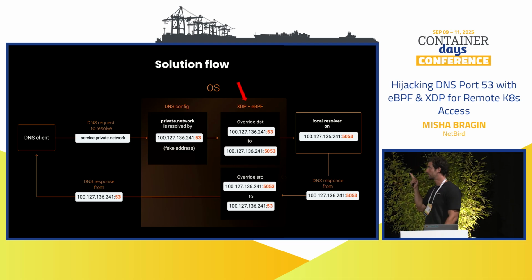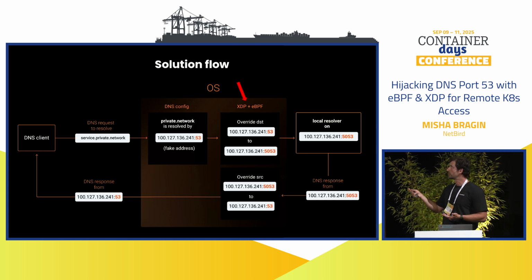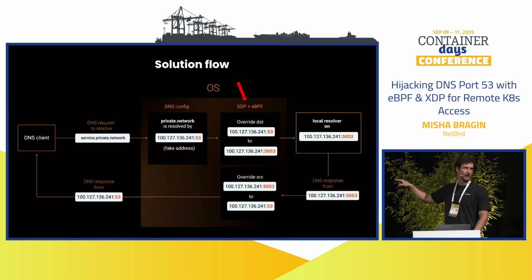So the local resolver reads the request, prepares the response, and then sends it back to the client. The problem is that the client doesn't know anything about the port 5053 because it's a different source. So it didn't send anything to port 5053, and it will reject the response.